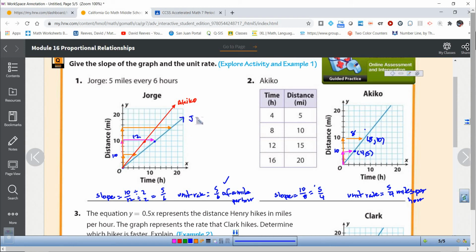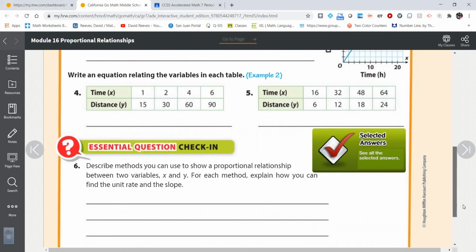This is Jorge. So if the line is steeper, it indicates a greater unit rate, right? 1 1/4, 1.25 is greater than 5/6, which off the top of my head, I'm ashamed to say as a decimal, I couldn't tell you right now. I should be able to tell you that as a math teacher.